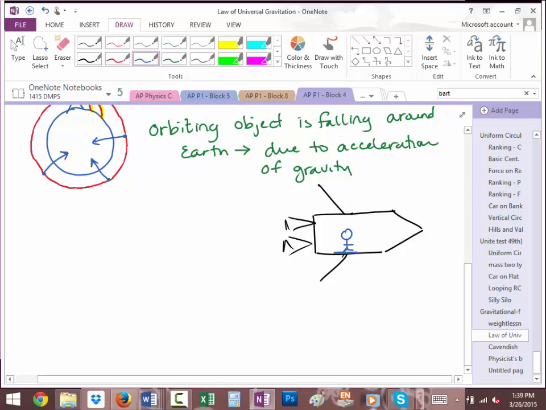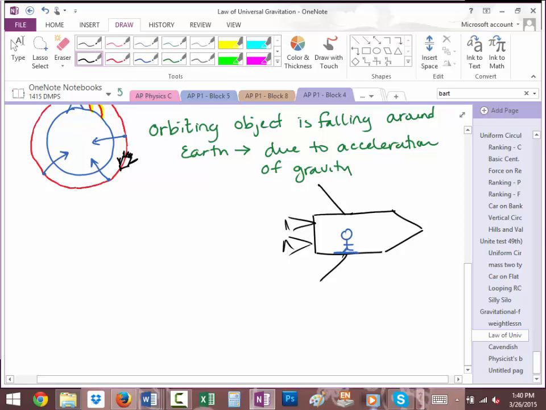But as that astronaut and that rocket are falling around the Earth, what's the scale going to read? Zero. Because they're falling. Okay? So weightlessness happens. That's the same deal, that is what happens when astronauts are there.